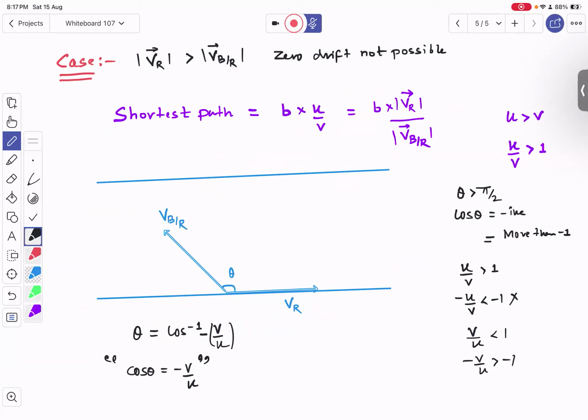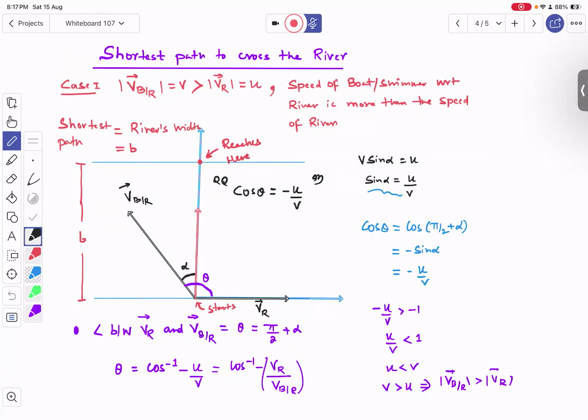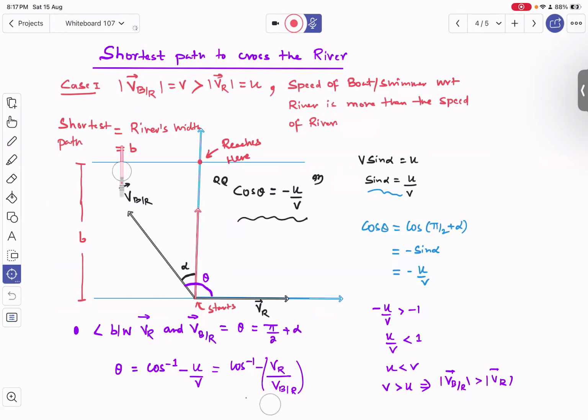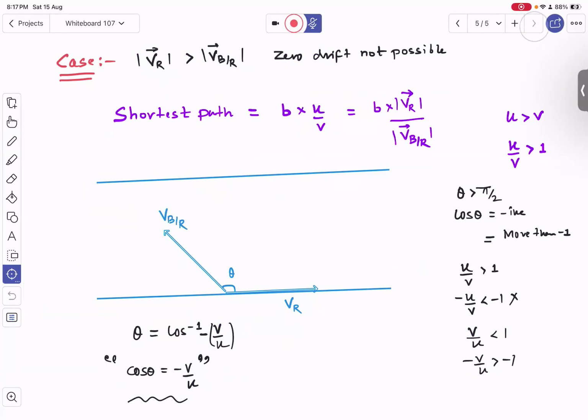Correct? So in the earlier case, the angle is theta such that cos theta is minus U by V. Here cos theta is minus V by U. There the shortest path is B. Here the shortest path is B multiplied with something more than 1, which is U by V. I hope you understood the result.